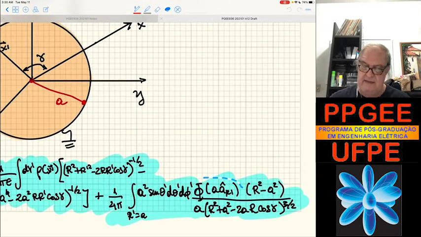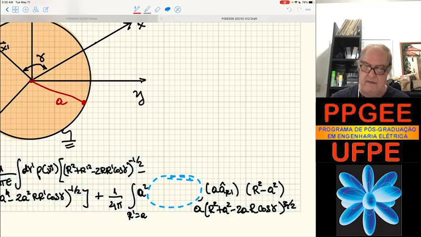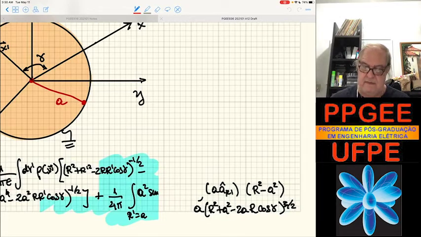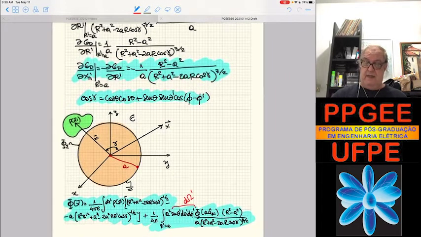So we have that, and that surface integral, you see the solid angle is right here. This thing here is d omega prime, right? So recall that if the surface is grounded, this term goes away, right? Otherwise, we have to use it.